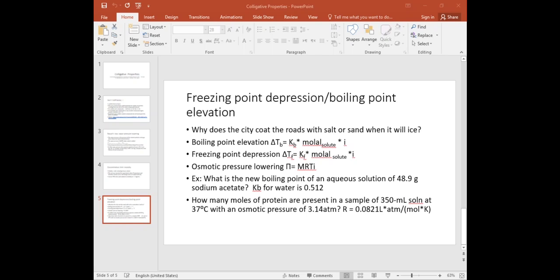This is a polyatomic ion, so these don't break into, oops, sorry about that. These don't break into pieces. Polyatomic ions don't split apart into their atoms. All right, so i is 2, Kb I have. Now let's look at moles and kilograms. Oh, I think I'm going to start with kilograms. So I've got 250 mL.